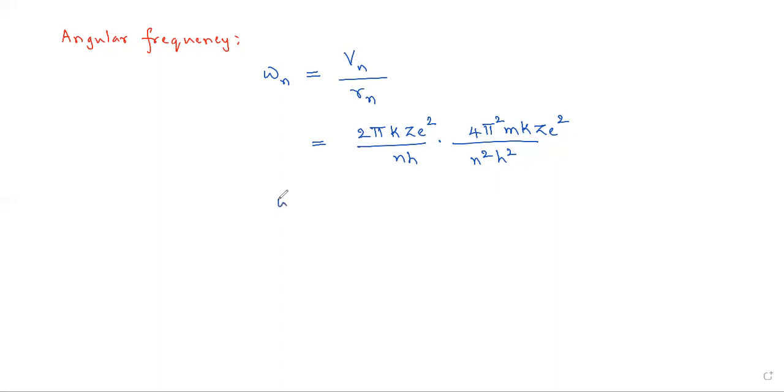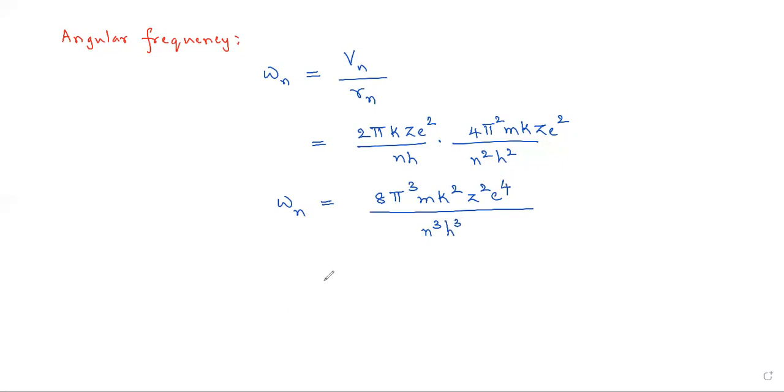So angular frequency in nth orbit is 8 pi cube m k square z square e to the power 4 by n cube h cube.